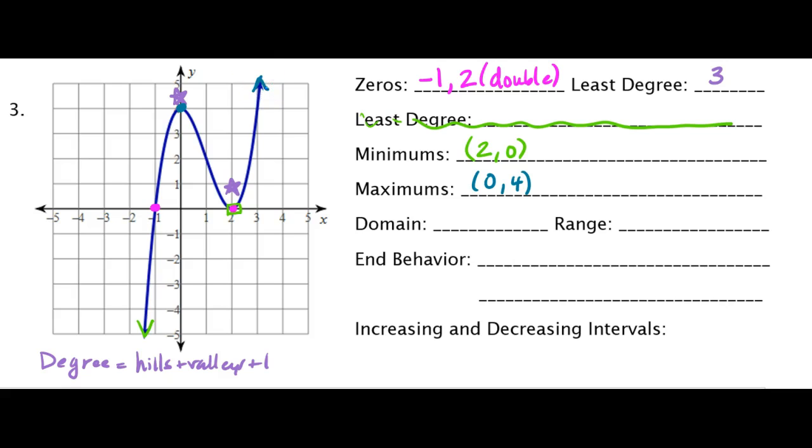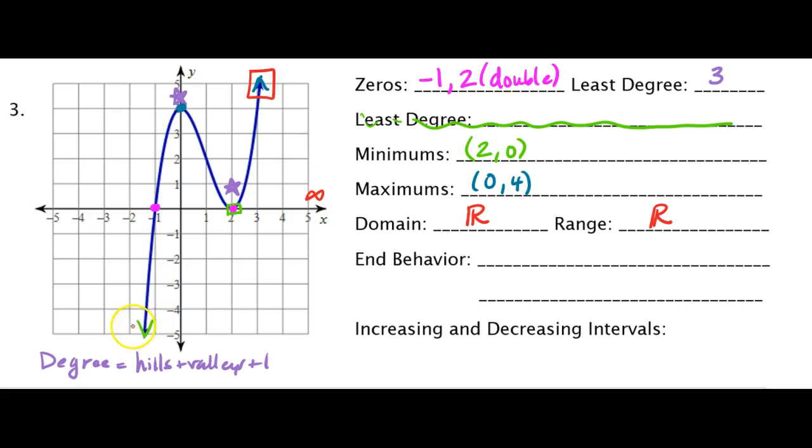All right, now the domain and range are actually both going to be the same thing. They're both going to be all real numbers. The reason is, if you look at your arrows on the right side of the graph, this arrow over here is going to keep going, getting wider and wider, towards positive infinity.